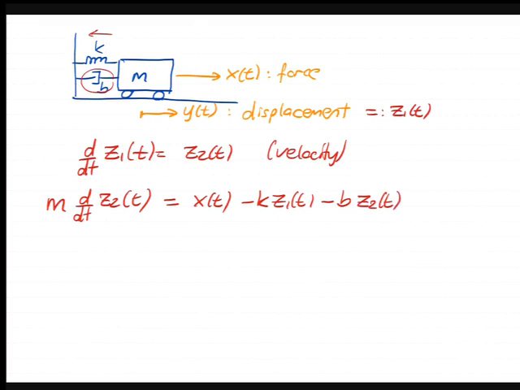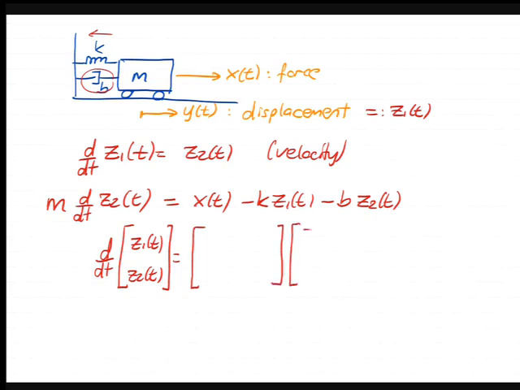Okay? So what does that mean? Well, that means I have my state equation. So d by dt of z1 of t and z2 of t, okay, so we're going to put z1 here and z2 here, and fill in the A matrix.